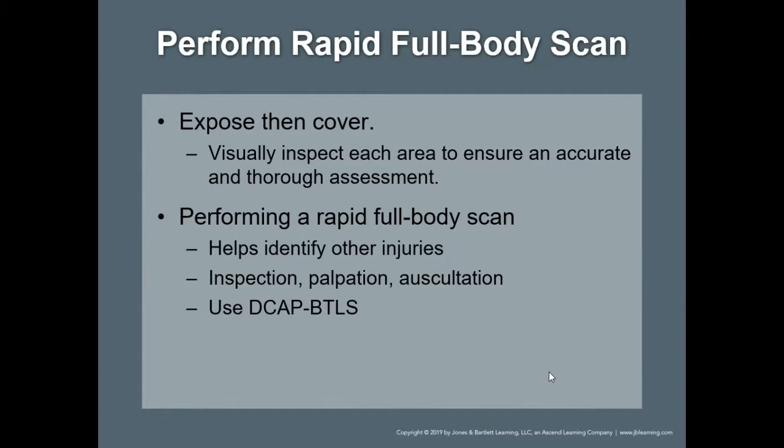So expose the patient, then cover. So we will expose them to look for stuff, but once we finish, we're going to cover them back up. Visually inspect each area to ensure an accurate and thorough assessment. Perform a rapid full body scan. It helps to identify other injuries, and we will utilize inspection, palpation, and auscultation, and we are using our DCAP-BTLS at this point.